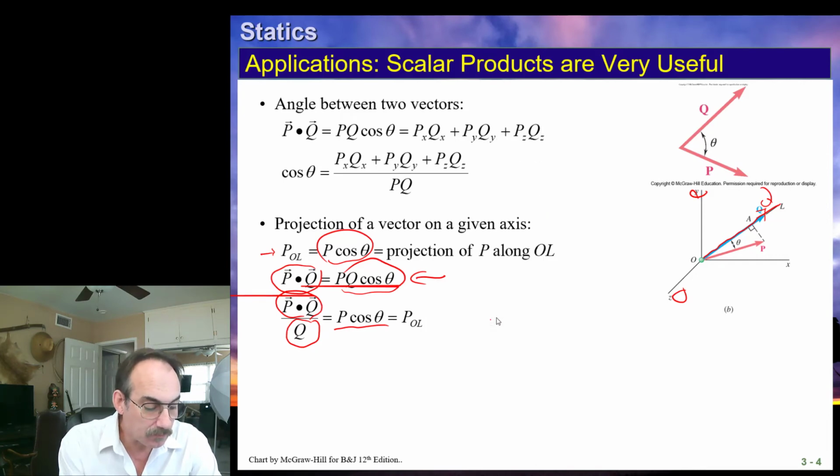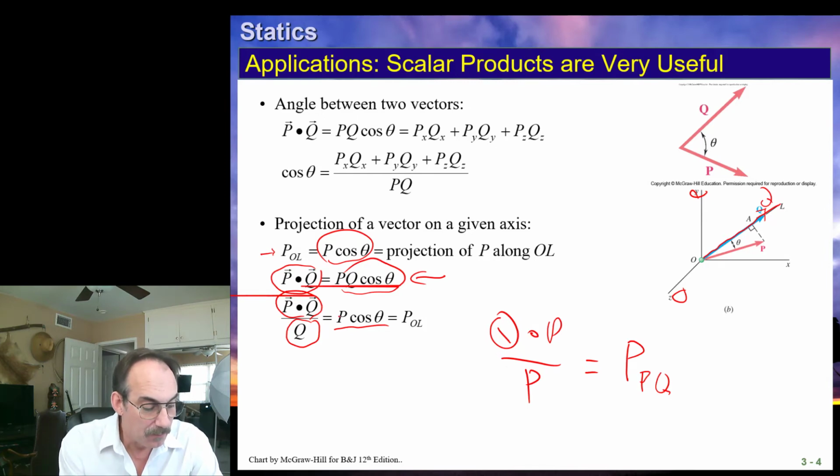That means Q dot P divided by the magnitude of P will give us the projection of Q onto P. See it?